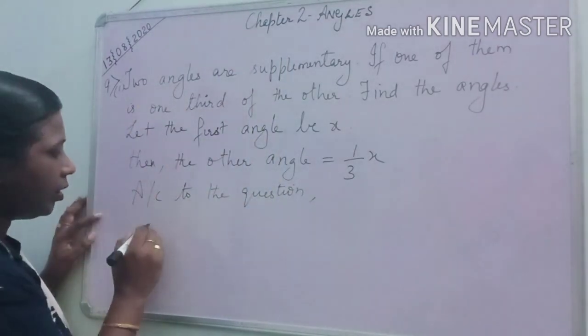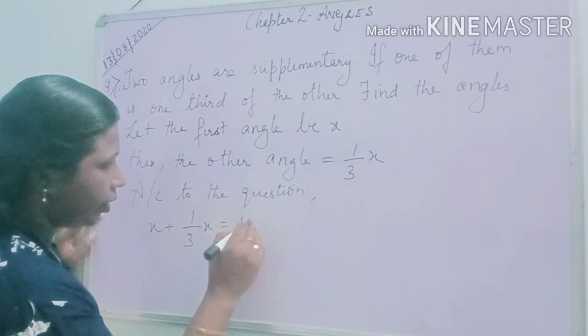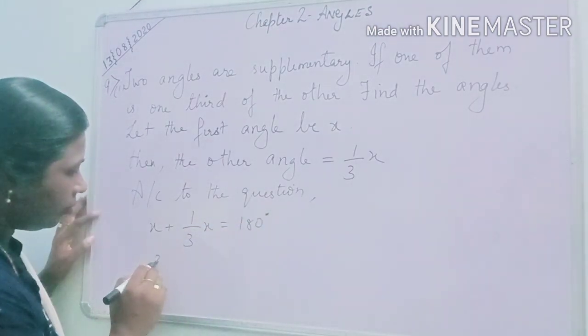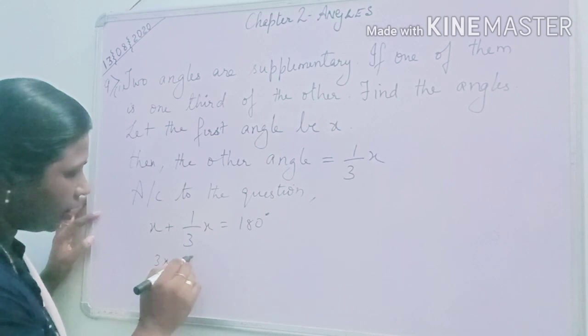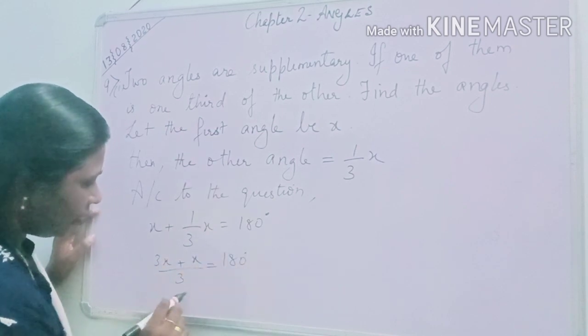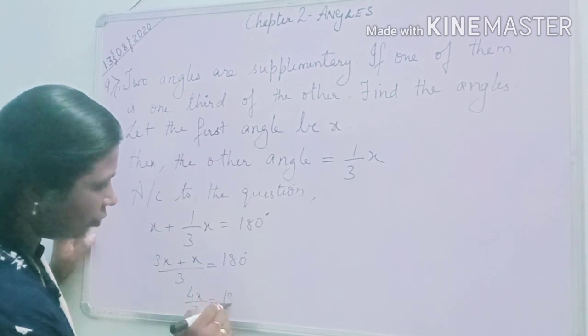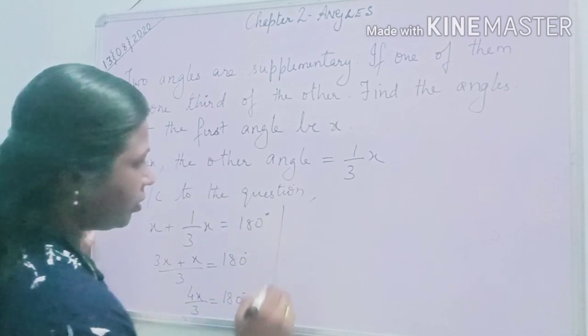Now the two angles are x plus 1/3 of x is equal to 180 degrees. Taking the LCM, it will become 3x plus x upon 3 is equal to 180 degrees. Then it will be 4x upon 3 is equal to 180 degrees. Then we will solve it.